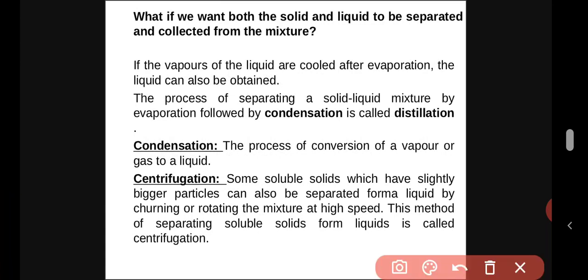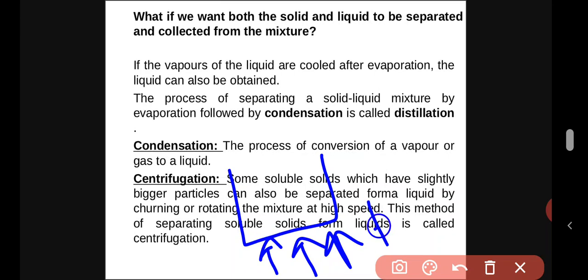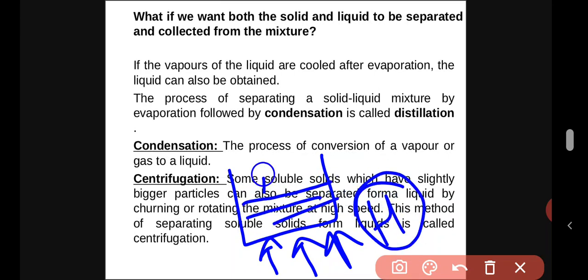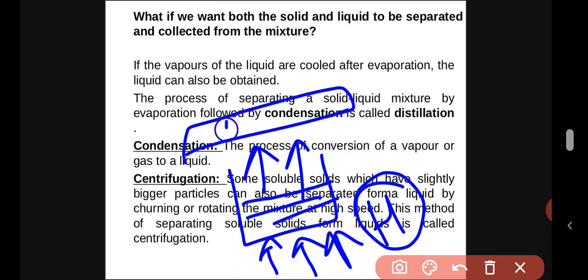If this is a small container, and we apply heat here, what happens is this is the liquid, and vapor goes up. If we put a lid here, all this vapor will get stuck on the lid.